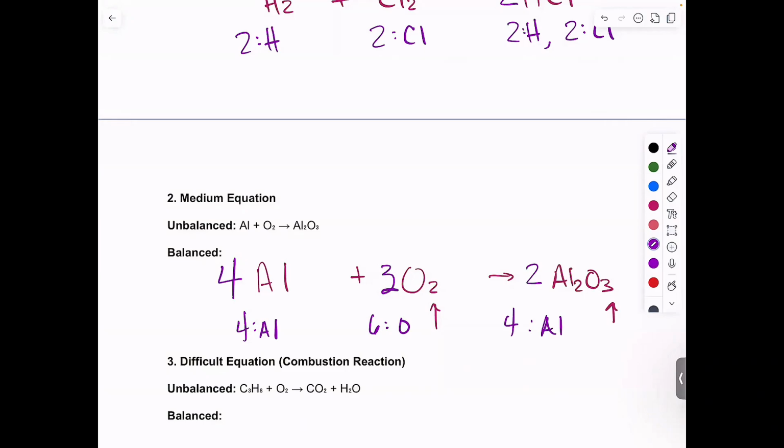You can note this however you want, okay? I've noticed some students will just put in the middle O, Al, and they'll balance each side. So I know I have 6 here, 6 here, 4 here, 4 here. That works too. However you make it work, just make sure that atoms on both sides balance numerically.